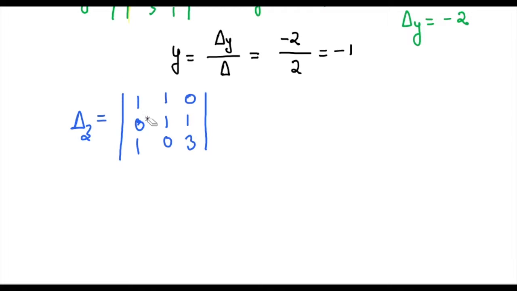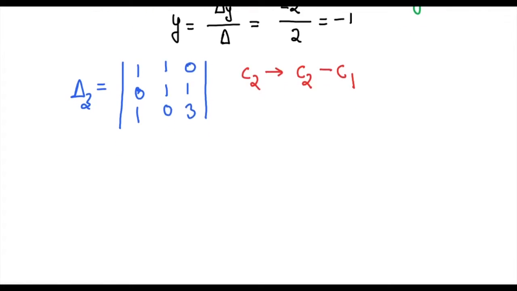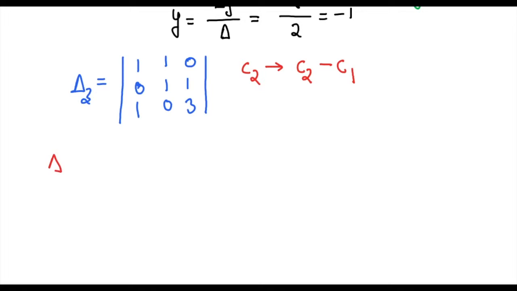Now here we don't have the magical row or magical column. So do one thing. You can work with column number 2. You can subtract column 1 from column 2.